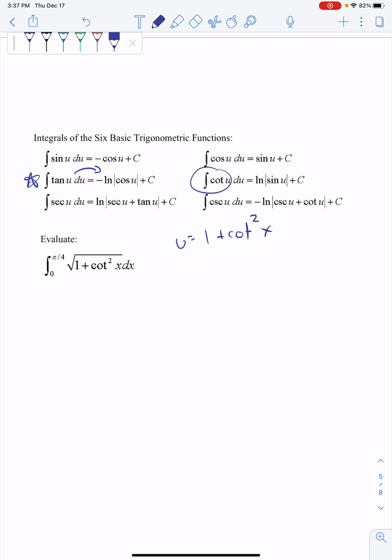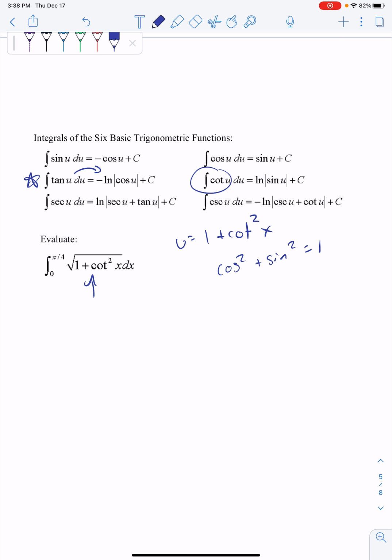I'm going to try to rewrite the integrand. In other words, I'm going to try to change that 1 plus the cotangent squared of x to something that I can work with that looks a little bit better. So going back to my Pythagorean identities, remember we have cosine squared plus sine squared equals 1.